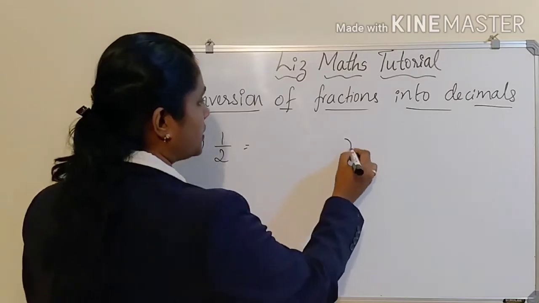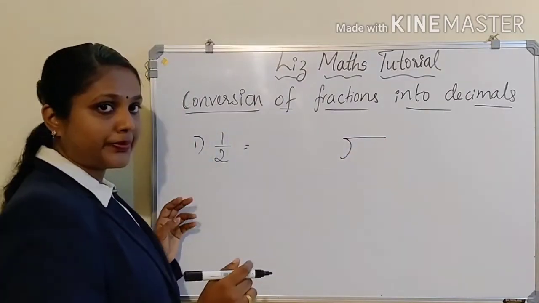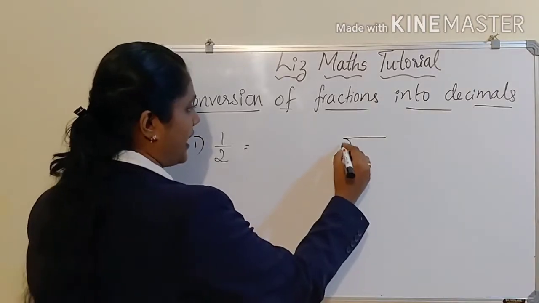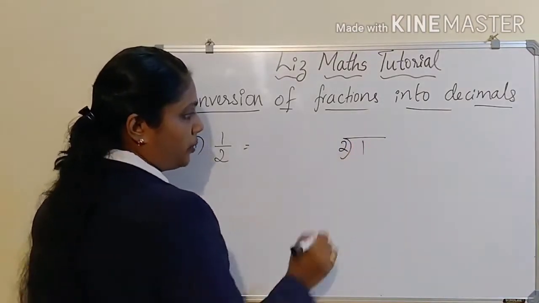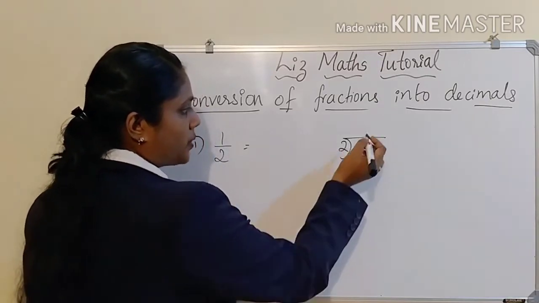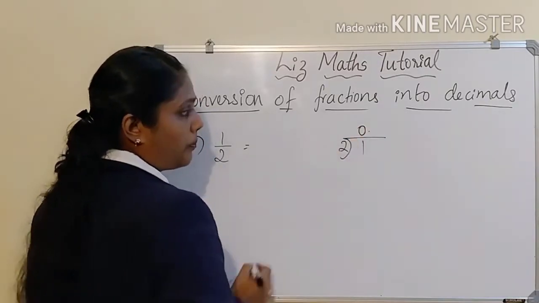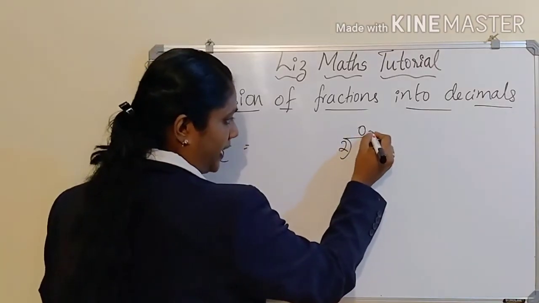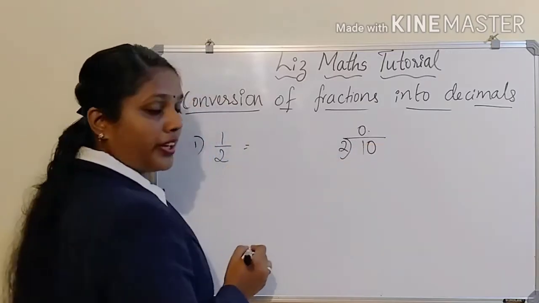Let us see. We have learned it in the previous video also. So those who have not seen that, watch it. Here we are dividing 1 by 2. Am I right? In 2, we cannot divide 1. So what do you have to take? You have to take 0 and then put a point there. After putting that point, you can take 0 here.